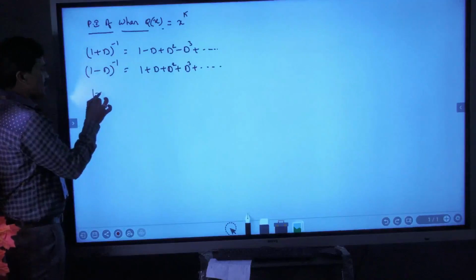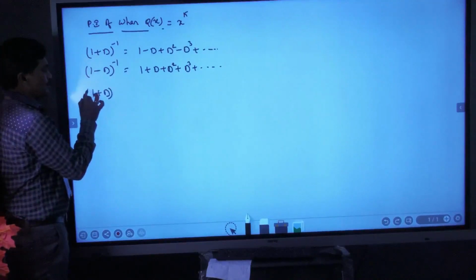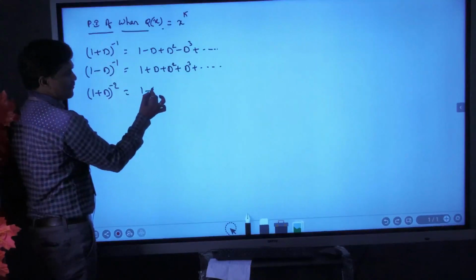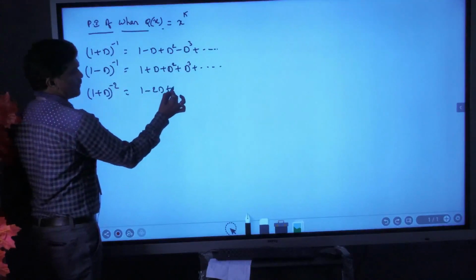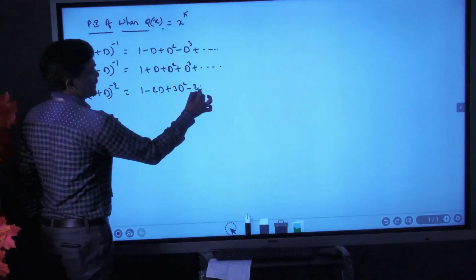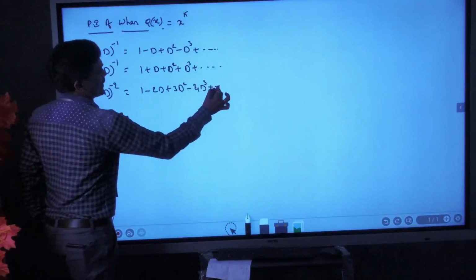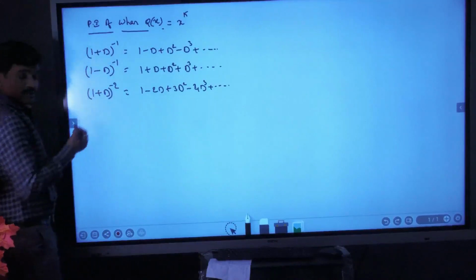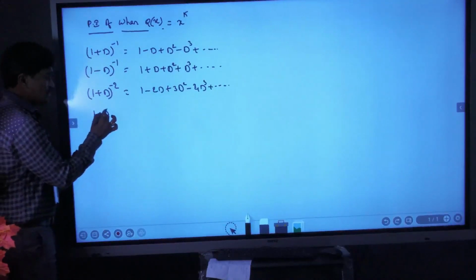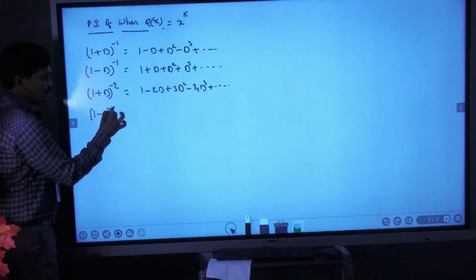Next 1 plus d whole power minus 2. So in this case 1 minus 2d plus 3d square minus 4d cube plus and so on. This is for 1 plus d power minus 2. Now suppose 1 minus d power minus 2.